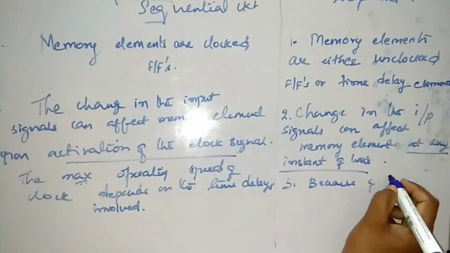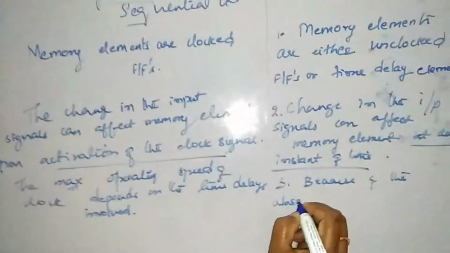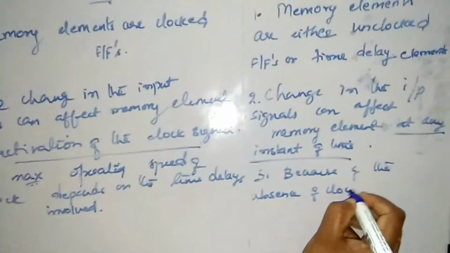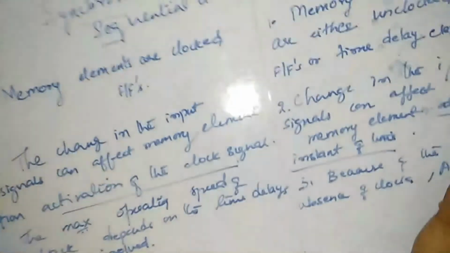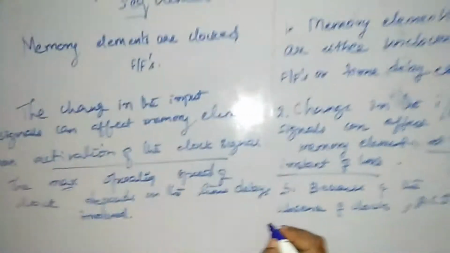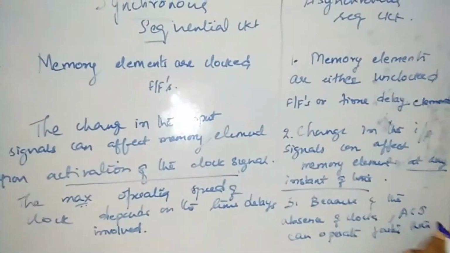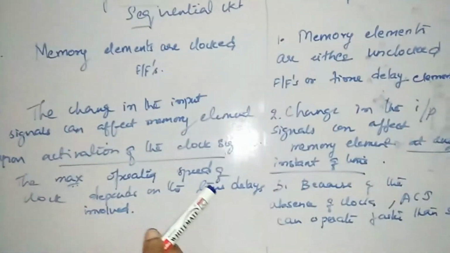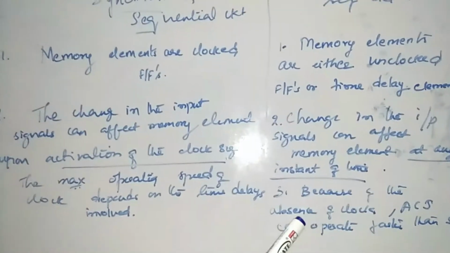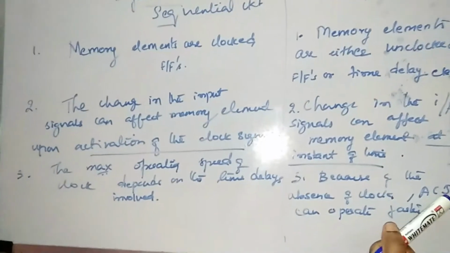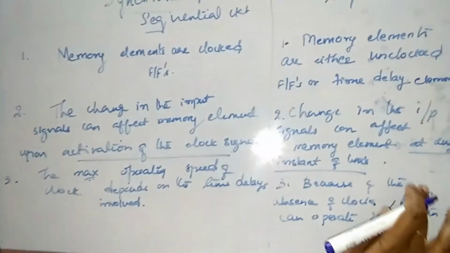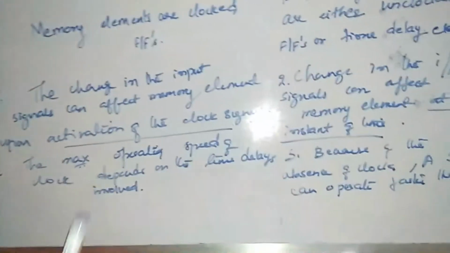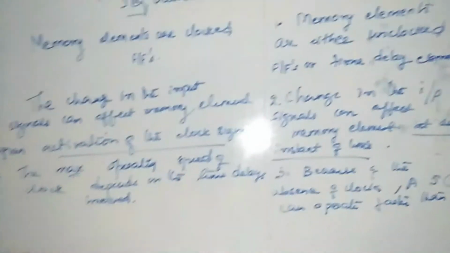Because of the absence of clock, the asynchronous sequential circuit, I'll write a short form as ACS, can operate faster than the synchronous circuit, right? So the maximum operating speed of the clock here depends upon the time delays, but here, since there is no clock, ACS, that is your asynchronous sequential circuit, can operate faster than the synchronous sequential circuit.